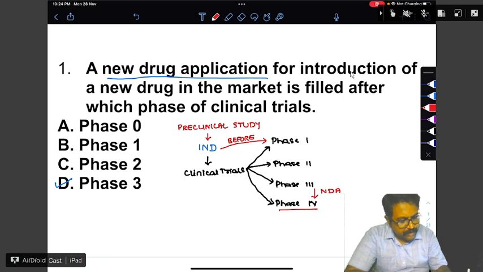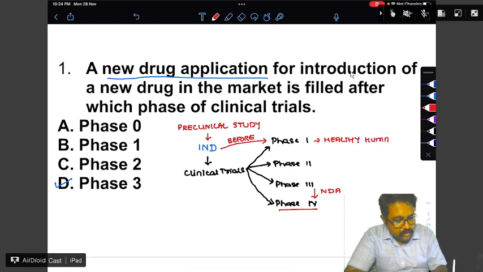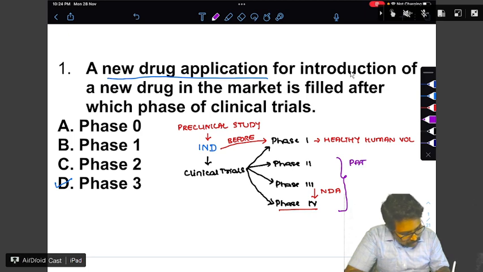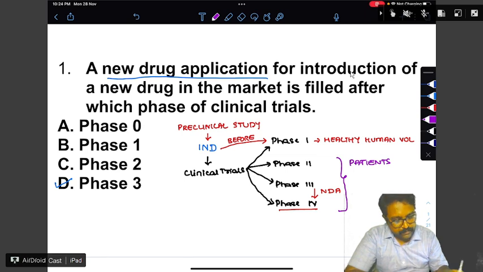So just to recapitulate, phase 1 is done in healthy human volunteers, whereas phase 2, 3 and 4 are usually done on patients.